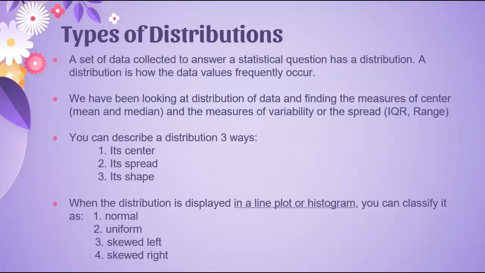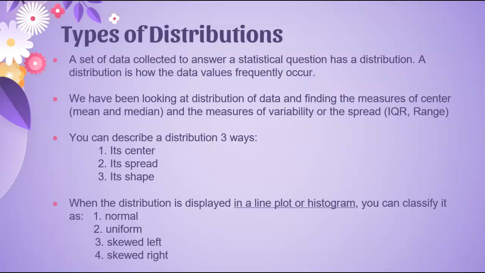Basically, a distribution is how the data is spread out, how the data values occur. We can describe it using the measures of center or the measures of variability, or we can do both.